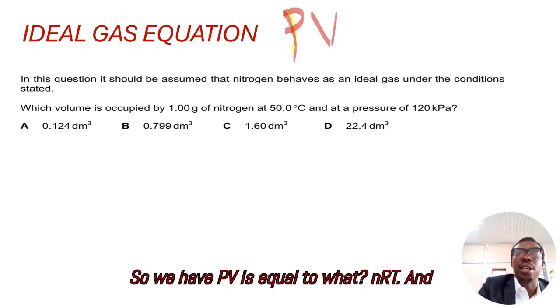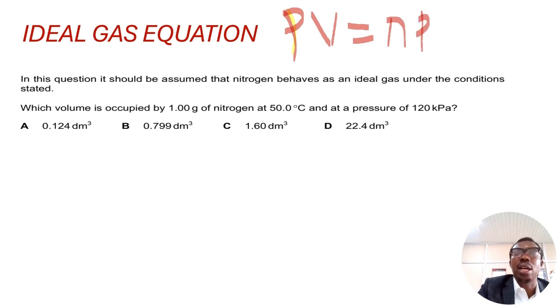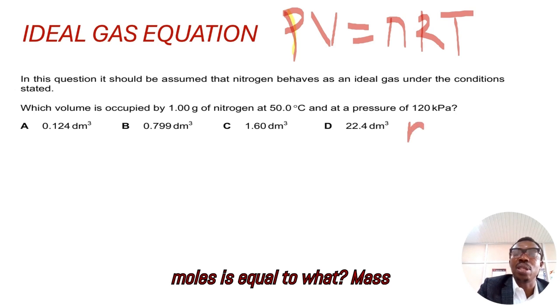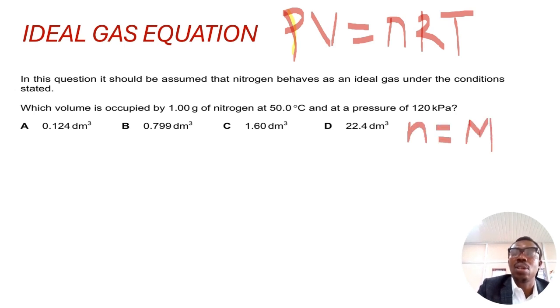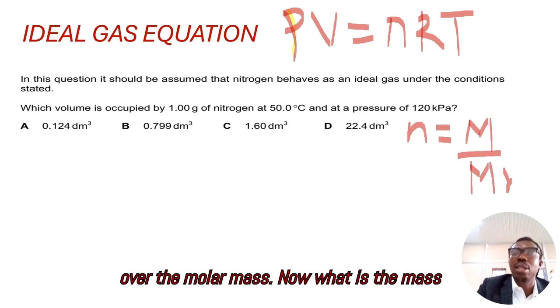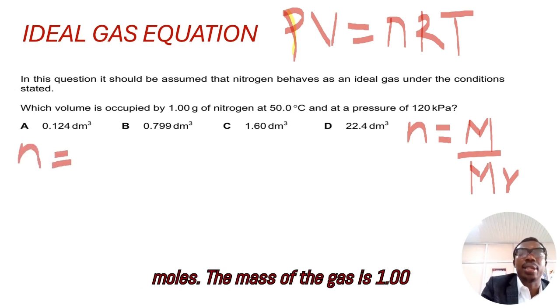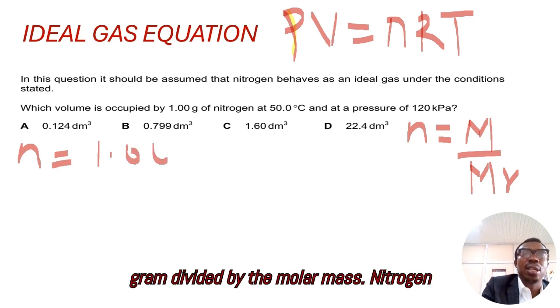So we have PV is equal to nRT. And we all know that the number of moles is equal to mass over the molar mass. Let's calculate the number of moles. The mass of the gas is 1.00 gram divided by the molar mass. Nitrogen is the gas.